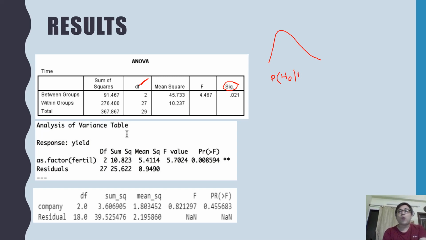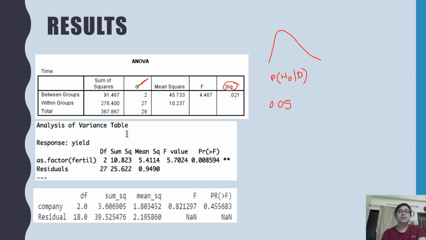So what do you want? If you want to reject the null hypothesis, then this value should be very, very small. How small? That is given by the significance level, which is given as 0.05 or 0.01, something like this.